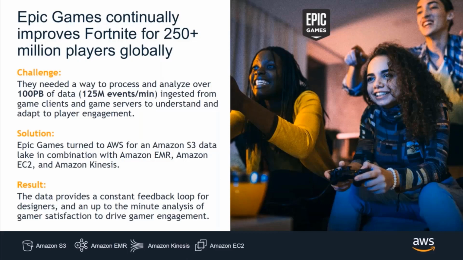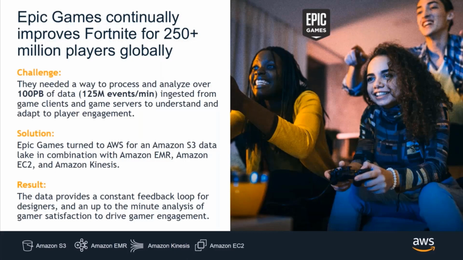Epic Games turned to Kinesis and other AWS analytics services to ingest this high throughput data, and use powerful AWS services, including EMR, EC2, and Kinesis, to process this data in real time and address the use cases that we talked about.